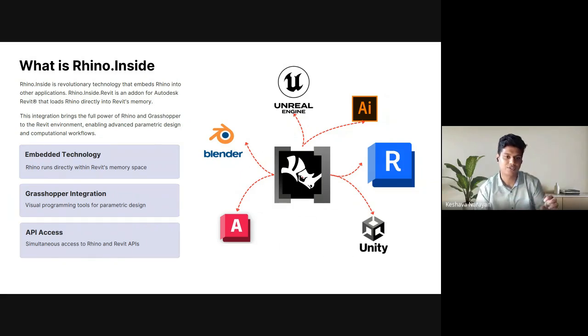So Rhino works like a plugin to your software. It is not only a standalone software, but it can also work as an addition to whatever software you use. Revit is one instance, but you can also plug it into other software like Blender, Unreal Engine, even Illustrator, AutoCAD, or Unity. So all of these software can work with Rhino inside.